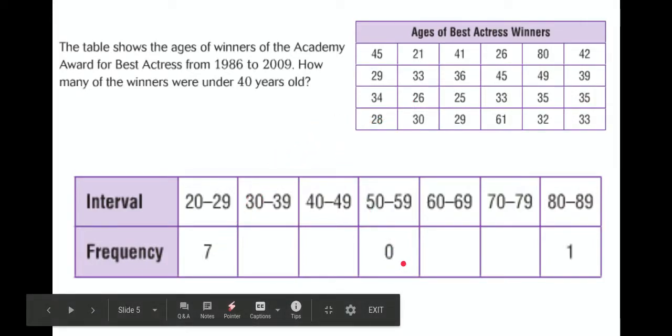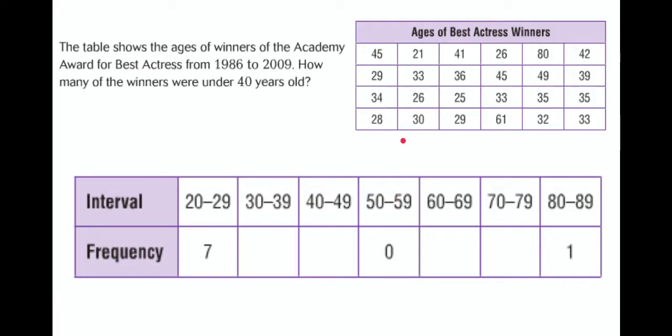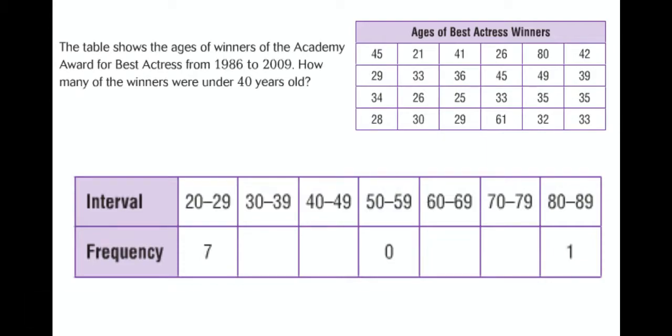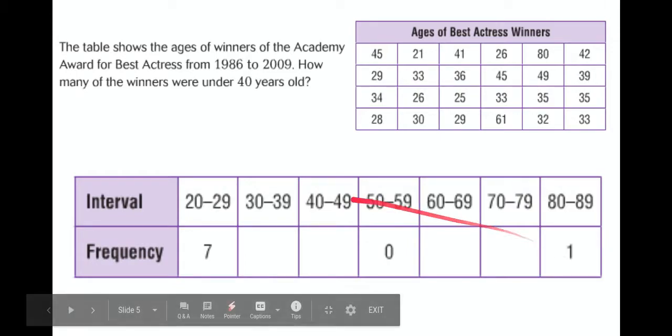The reason there is 0 is because there were 0 winners for Best Actress for women in their 50s. And the reason there is a 1 here is because there was 1 winner for Best Actress for a woman in her 80s. So you need to fill in these 4 things. Make this on your paper.